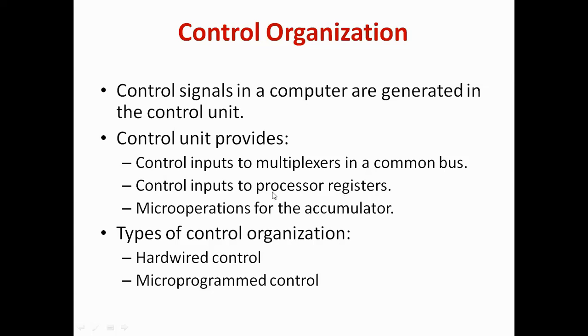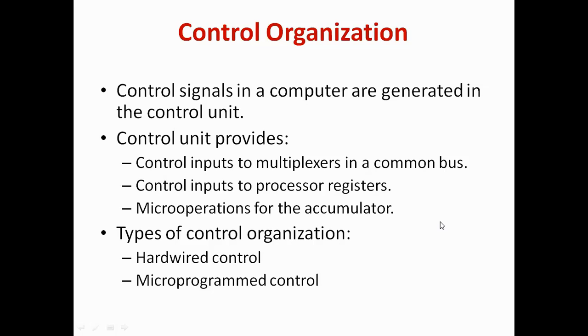And also the control unit provides the micro operations for the accumulator. Right? After interpretation, after decoding and everything, it gives the control signal to the accumulator, representing those micro operations, the operation that has to be performed there.